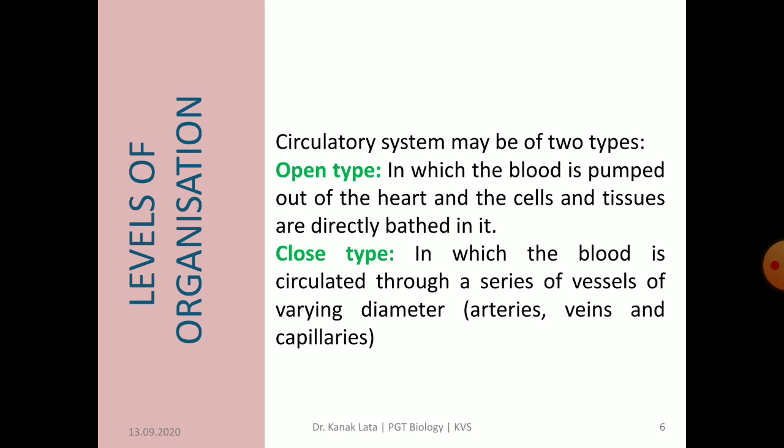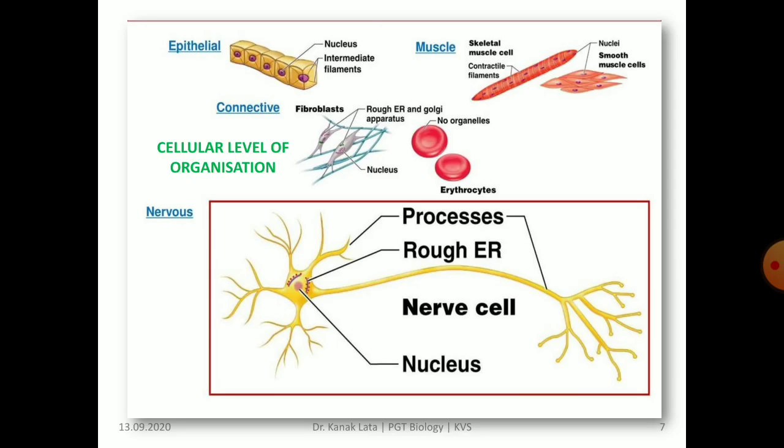It is commonly seen in arthropods and mollusca. In closed type, blood is circulated through a series of vessels of different diameter: arteries, veins and capillaries. Annelids and chordates have closed circulatory system.